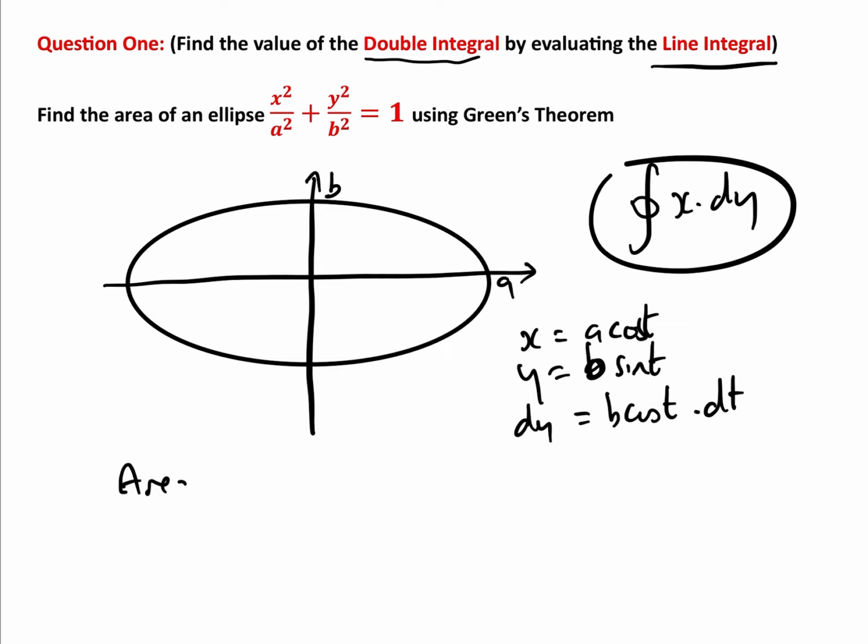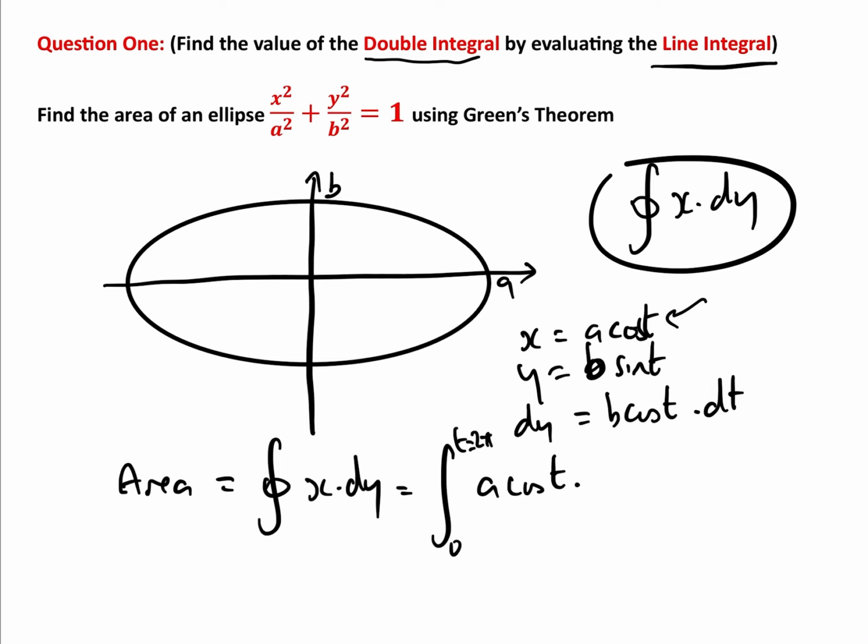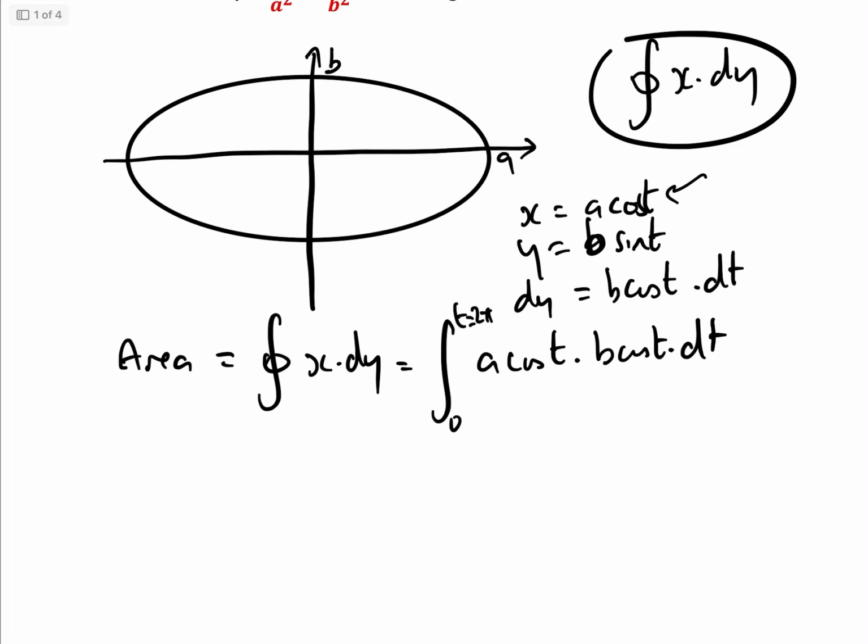Basically the area is equal to the integral around the curve of x dy, which equals the integral, where t goes from 0 to 2 pi, of x, which is a cos t, times dy, which is b cos t dt. This is a relatively simple integral.